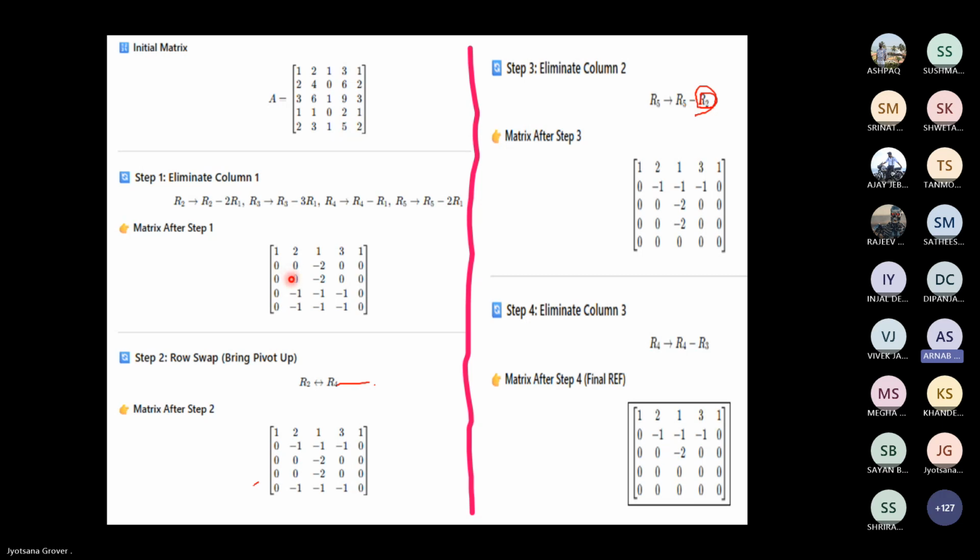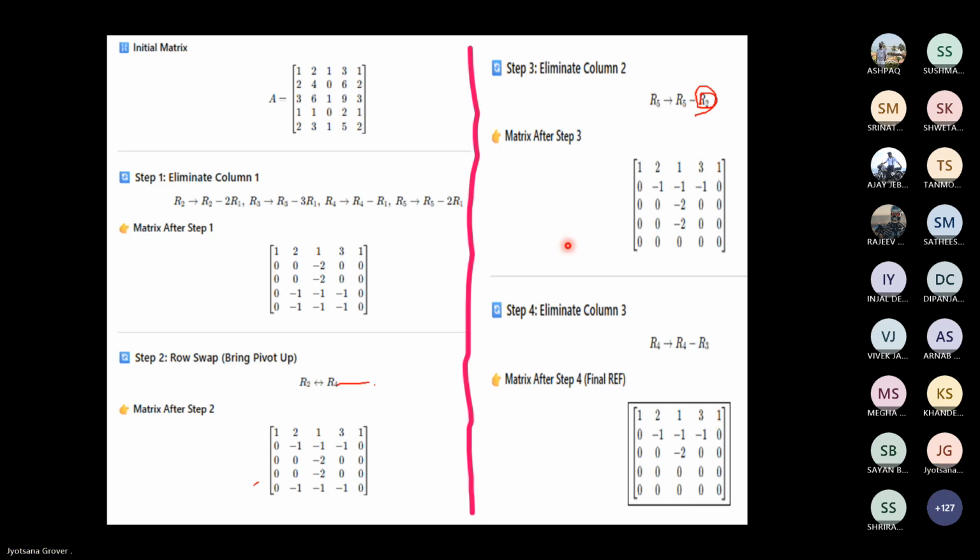So ideally we should have interchanged row 2 with row 5, right? You can interchange row 2 with row 5 also, not a problem. Row 4 is also a valid candidate, and row 5 is also a valid candidate. You can do any. So you can interchange row 2 with row 5 as well. That's also a valid point.